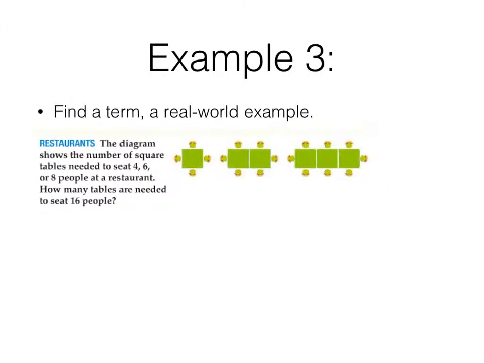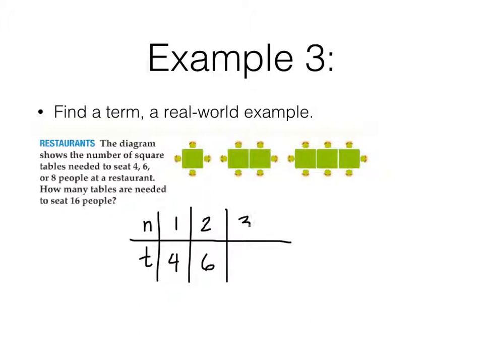Sorry, didn't mean to move it around on you. Term number and term. Well, the first term is one table with, it's a 4 top, so that means there can be 4 seats at it. How many seats at the second one, the one with 2 tables? 1, 2, 3, 4, 5, 6. You can see that right here, 6. How many seats when there's 3 tables? 1, 2, 3, 4, 5, 6, 7, 8.